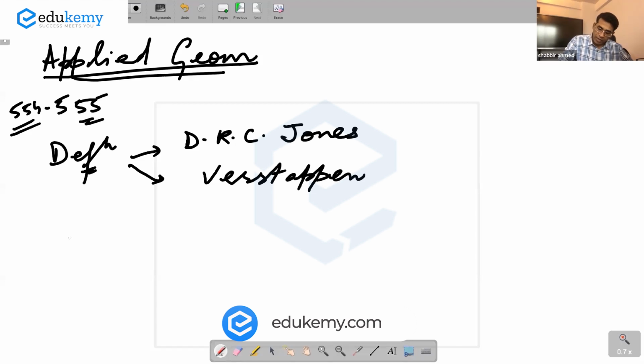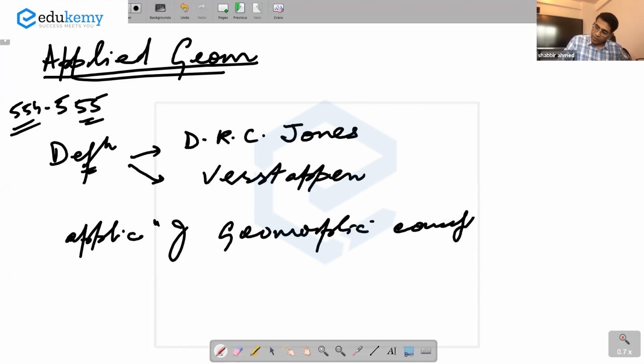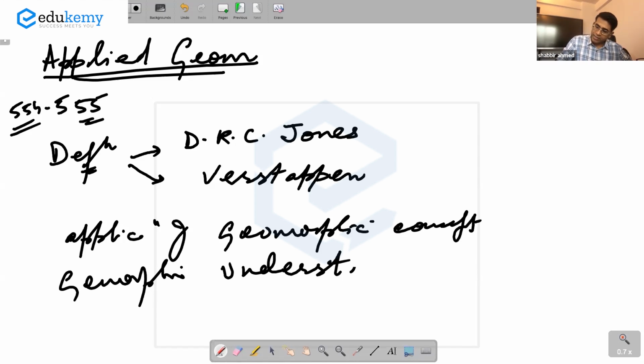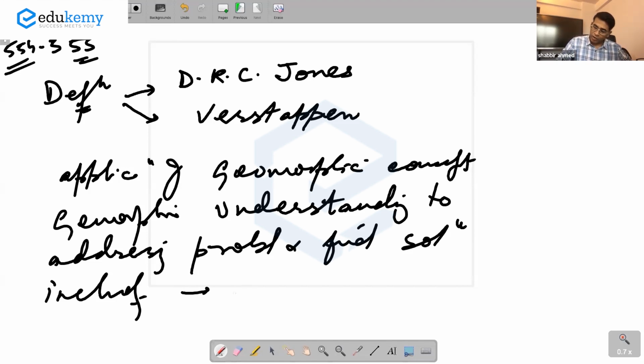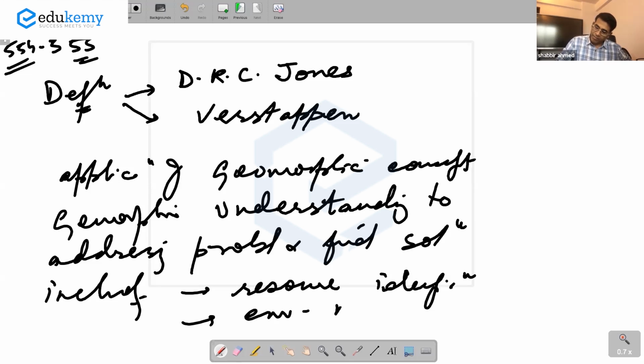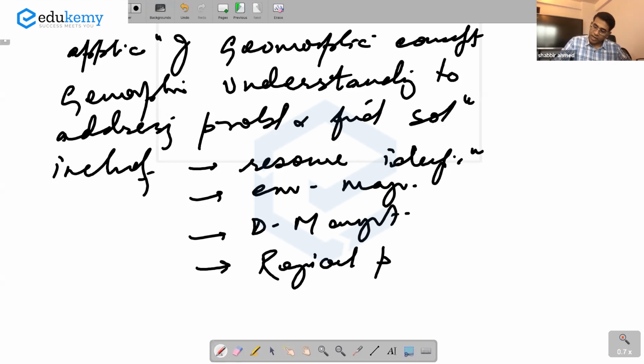So it's about application of geomorphic concepts, application of geomorphic understanding to addressing problems and finding solutions, including in areas of resource identification, environmental management, disaster management, dealing with regional planning.